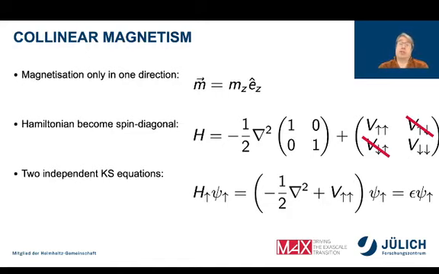So you have a single direction, which we usually call the Z direction. And then the Hamiltonian becomes spin diagonal again, because then these off-diagonal terms vanish, right? And then, since it's diagonal, you can separate this equation into separate Kohn-Sham equations, one for the spin up and one for the spin down.